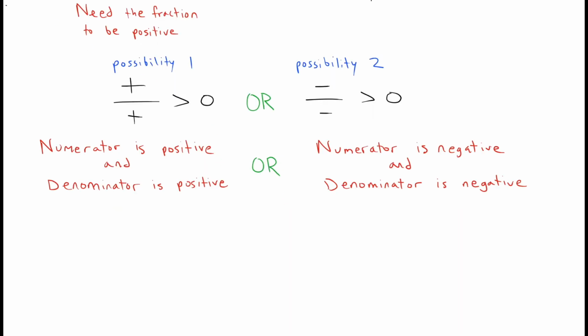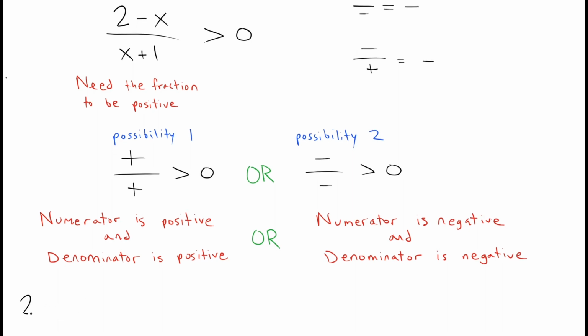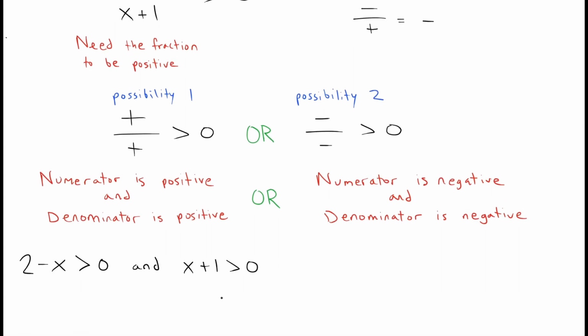Okay, let's try to write a mathematical way of saying that the numerator is positive. So our numerator was 2 minus x. I need for that to be greater than 0. And at the same time, I need the denominator to also be greater than 0. And that's just one possibility.